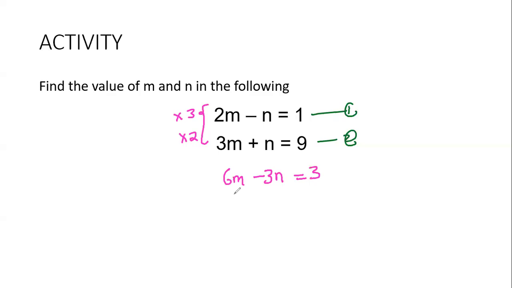Then the other one, you have 6M plus 2N is equals to 18. Then I put also this in bracket.